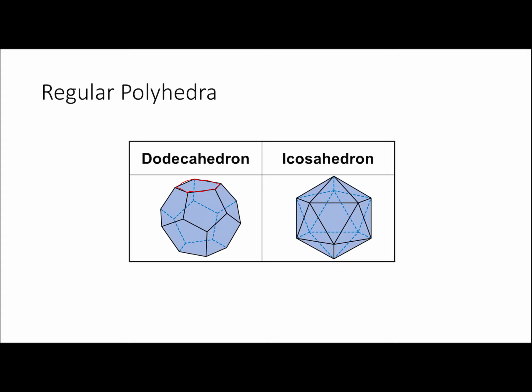Again, I would encourage you, if we were in class, we would do this. I would encourage you to just Google search for polyhedron and look at all the different types. And usually there's an outline, a net of what it would look like if you were to open it all up.